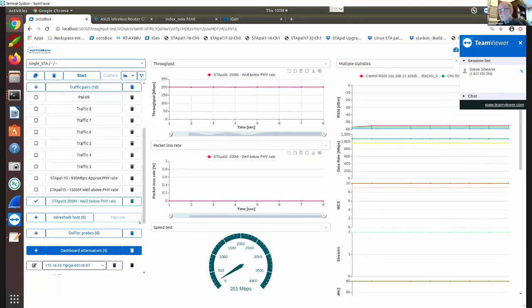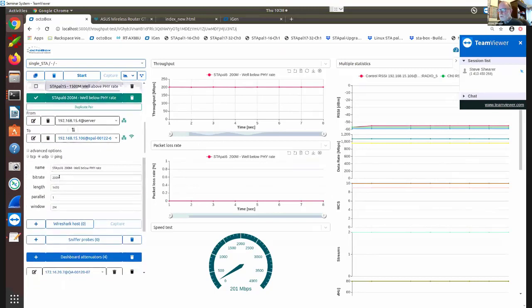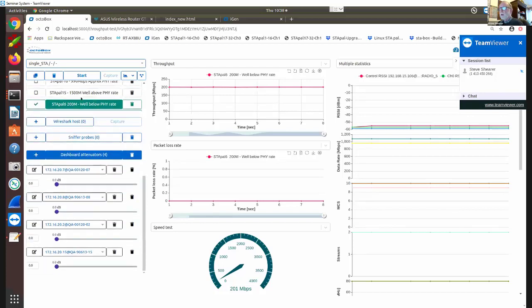Now, we're connected from the access point to the stay PAL. I'm going to run this test with an offered load of 200 megabits per second. I know that that is well below the fire rate, and I fully expect 0 packet loss.